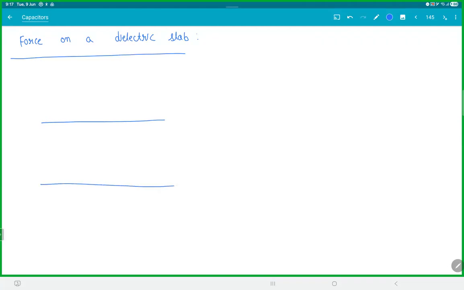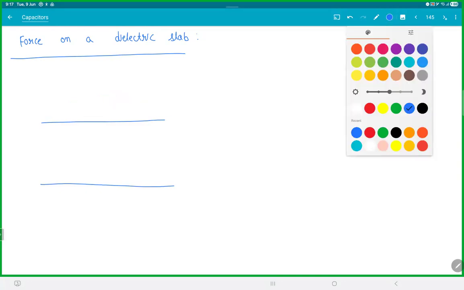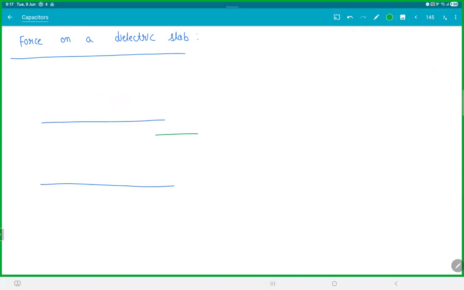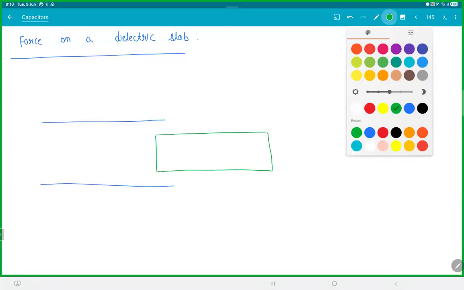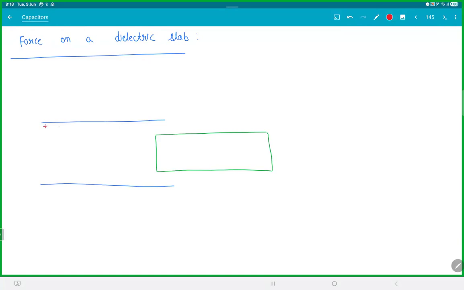So let's say we got our dielectric slab here. And let's say you introduce this between the plates. So this will have a plus charge. This will have a minus charge.